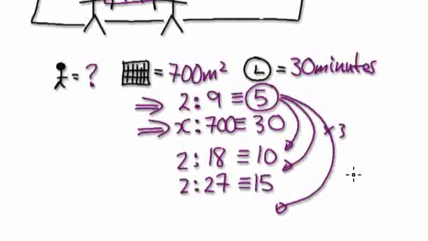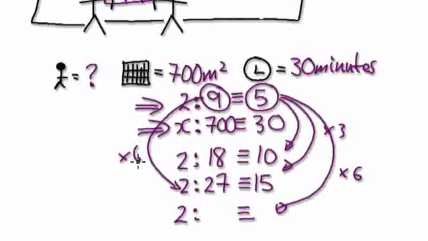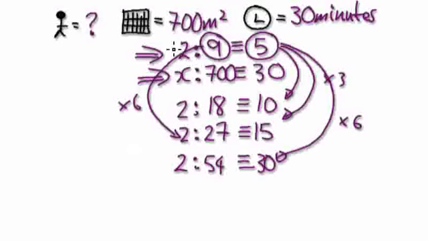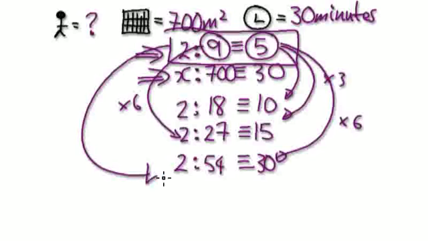If you times this by 6, the number of employees stays the same, then this 9 will also need to be times by 6. So this will be 54. So two employees can paint 54 meters in half an hour. So this is your starting situation, and now you've got to this stage by using reasoning.